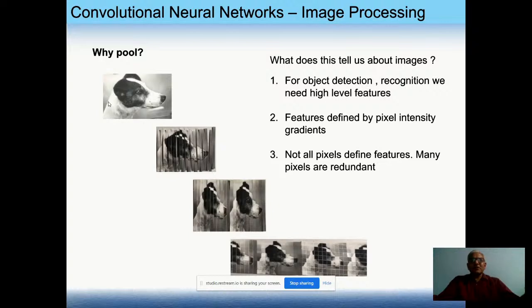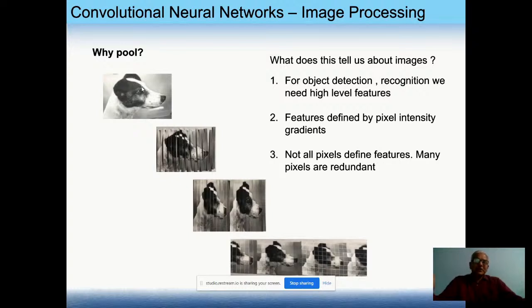And if you have followed the convolution concept, you will agree that what defines this dog is the edge. All those pixels which you find here, or in the neck or the forehead of the dog, not all of them are equally important. Not all of them are required to define this dog. So many of the pixels are redundant.